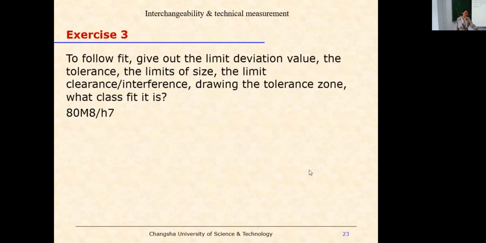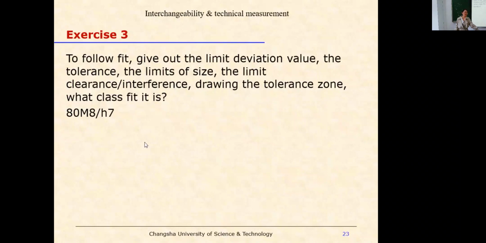Okay, exercise 3. This is to follow the fit, give out the limit deviation value, the tolerance, the limits of size, the limit clearance or interference, and draw the tolerance zone. What class of fit is it? So the hole is M8 and the shaft is h7.